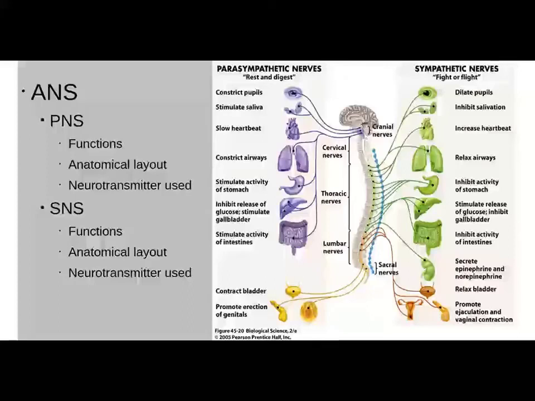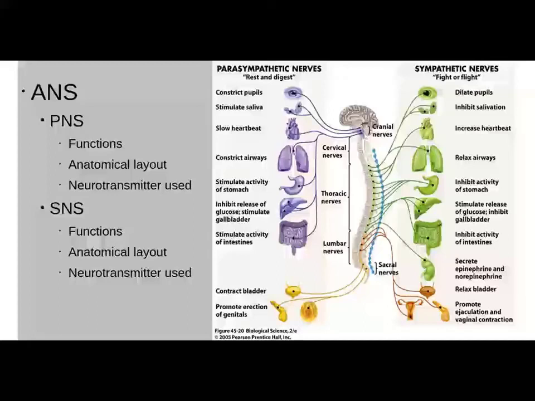The preganglionic neuron in the PNS is very long. It runs from the central nervous system all the way to the organ that it is going to innervate. The ganglion is actually located at the organ itself.